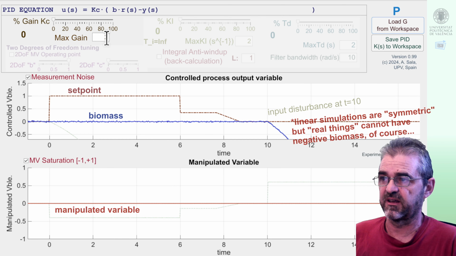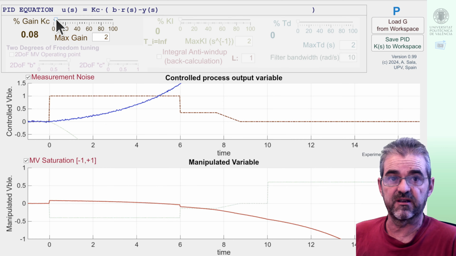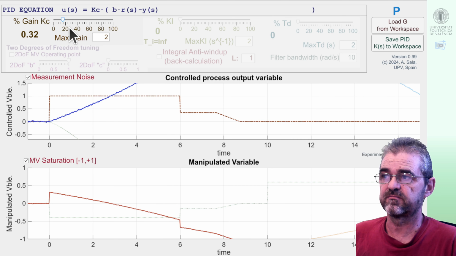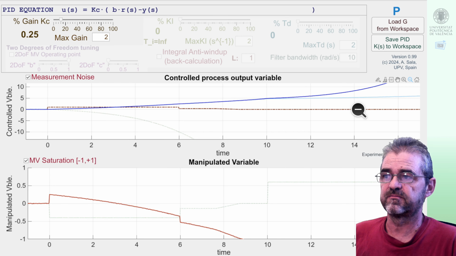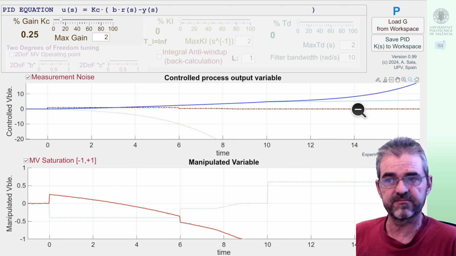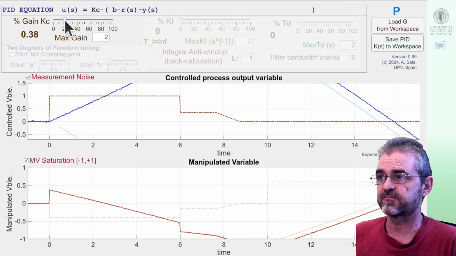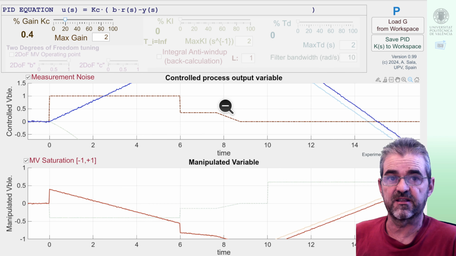But okay, if I turn up the gain a little bit, it's unstable, unstable, unstable. I mean, things grow and grow and grow exponentially to infinity, and only when I reach 0.4 is the system marginally unstable, in the sense that the growth to infinity is not exponential, it's a straight line, it's a ramp.